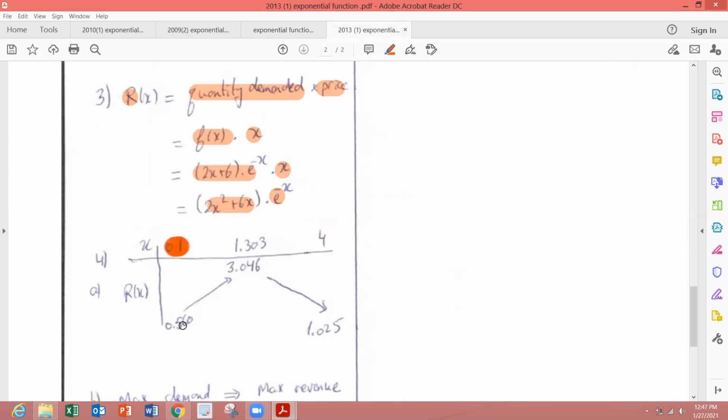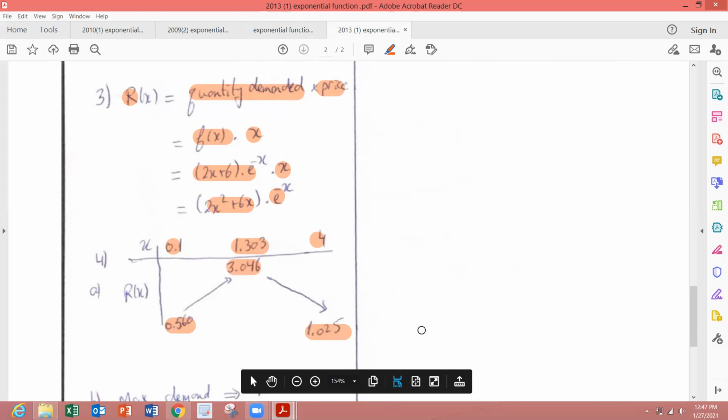We put in R at 0.1, at 1.303, and at 4. At 0.1 it gives me 0.560, at 1.303 it gives me 3.046, and at 4 we will get 1.025. Anyone taking the exam gets full marks, just by using the calculator.